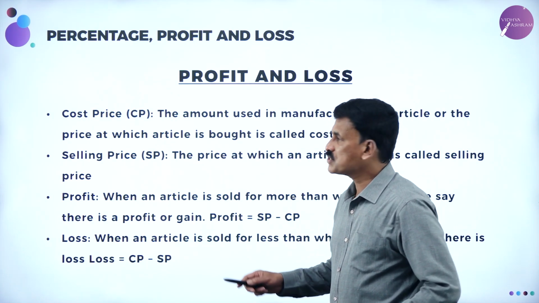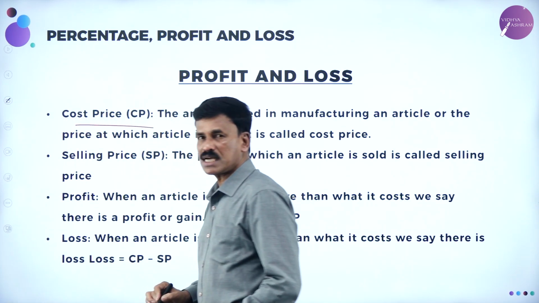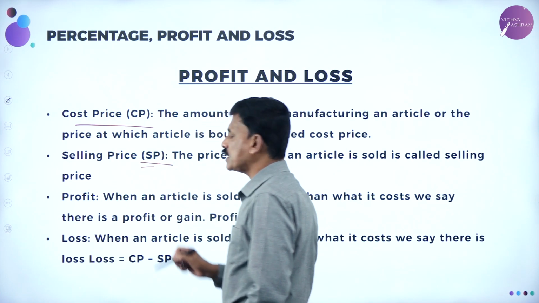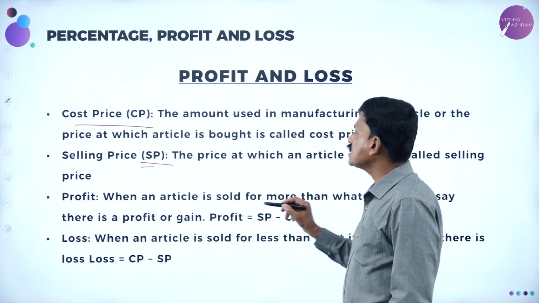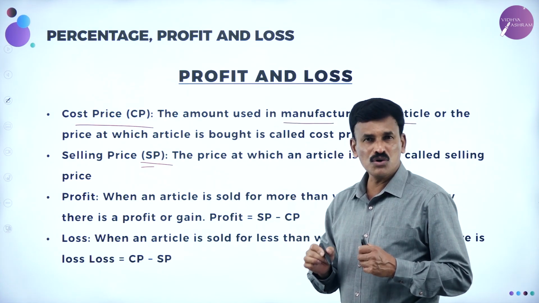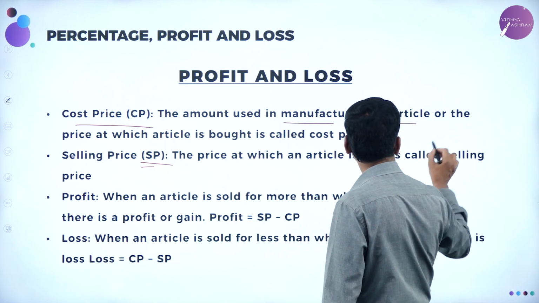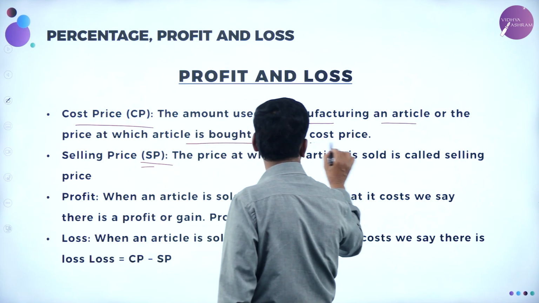Before that, let us know about cost price. Cost price is denoted as CP. CP stands for cost price, whereas SP stands for selling price, right? Now what is CP and SP? CP, that is cost price, is nothing but the amount used in manufacturing an article, or the price at which the article is bought is called the cost price.